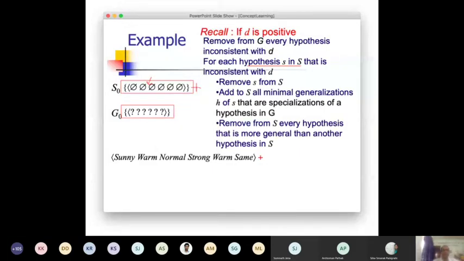Now in this case, only this hypothesis can be included.